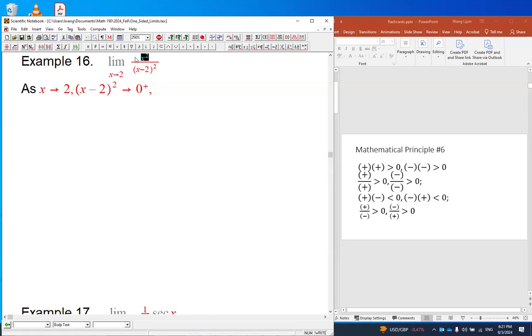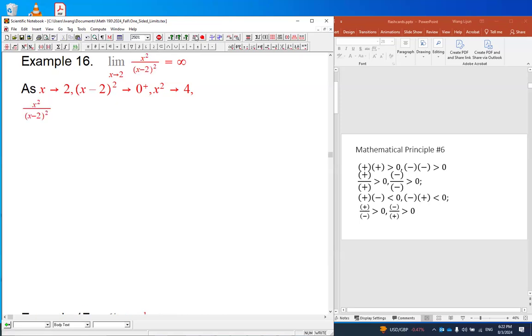And the numerator, x squared, is approaching 4, right? So a number approaching 4 in the numerator, denominator approaching 0. And of course, this is going to approach positive infinity, right? So now, if you're not certain, I'm certain already.